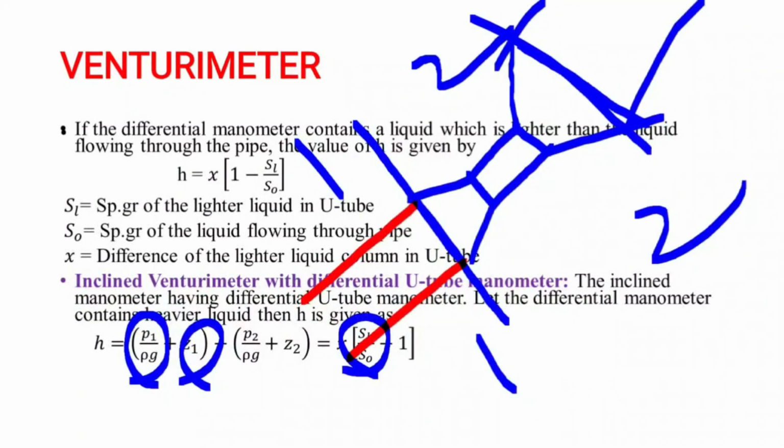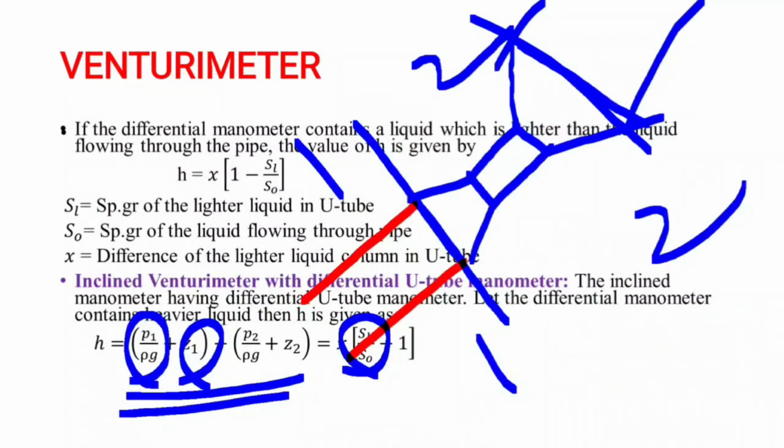So at the first point we calculate datum head and the pressure head, minus the second point, and you calculate the H value. This is the first method. In the second case we calculate with the heavier liquid, x into SH by S0 minus 1. This is another formula to calculate the H value in the inclined Venturimeter.